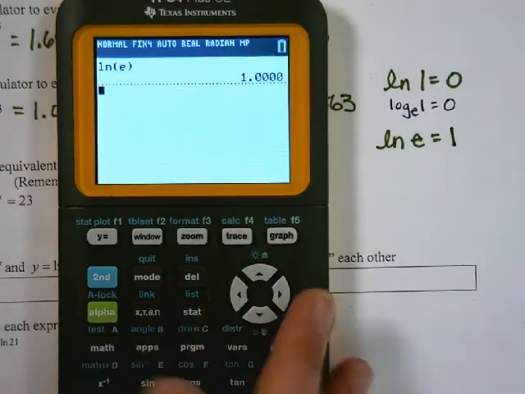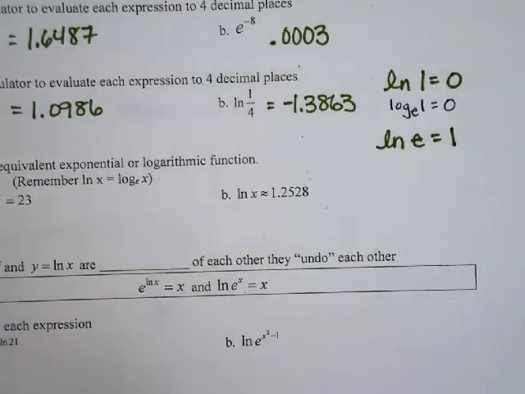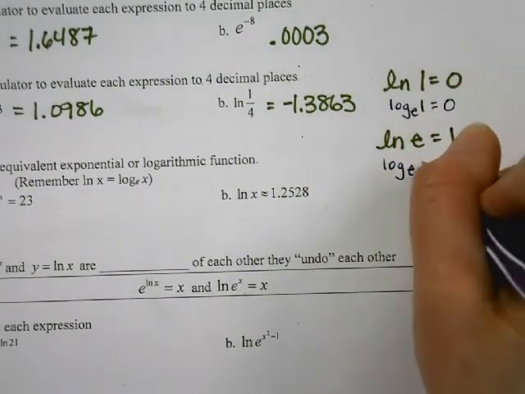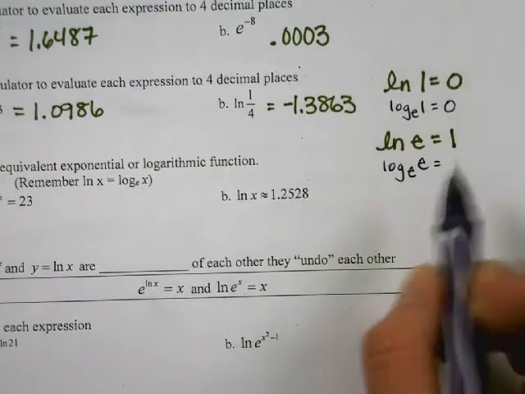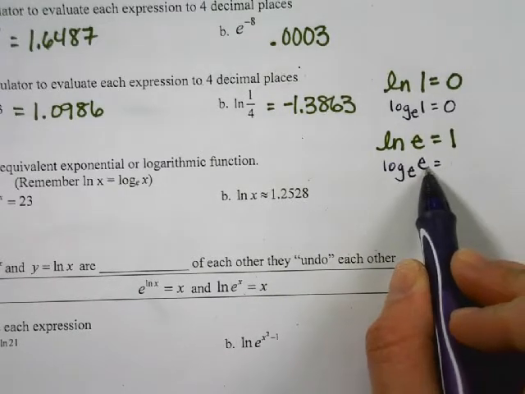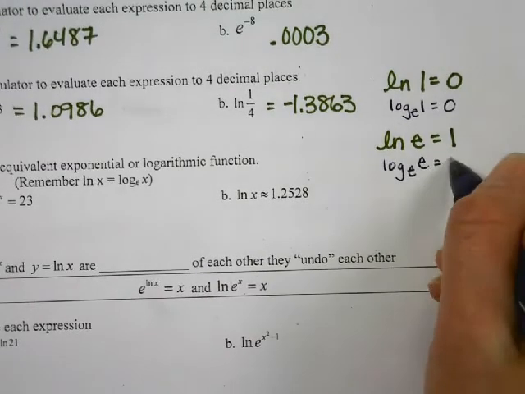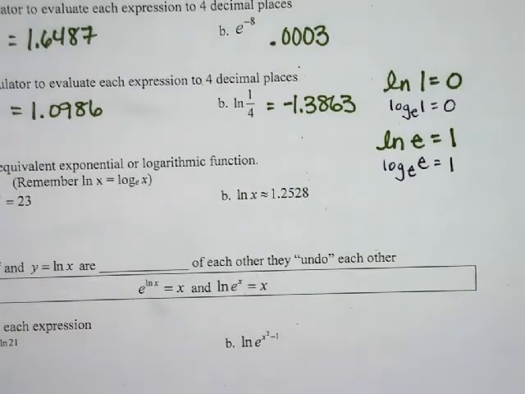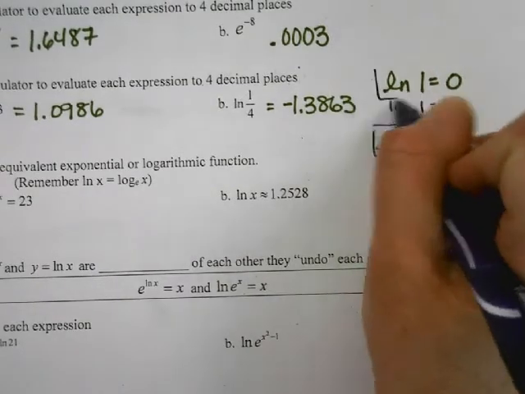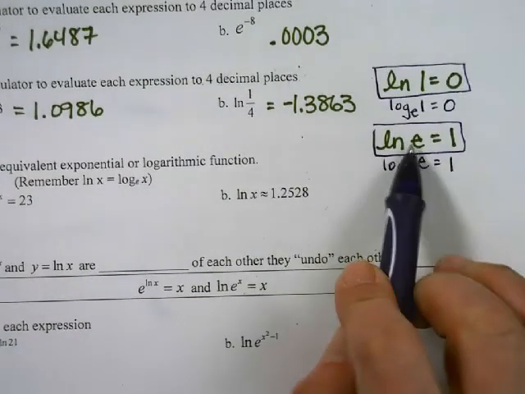Okay, let's think about how that works. Why does that guy work? Okay, well this would be log base e of e. E to what exponent would give you e back? 1. Okay, so we're going to use these ones a lot. So make sure you got those ones. Definitely that one, for sure.